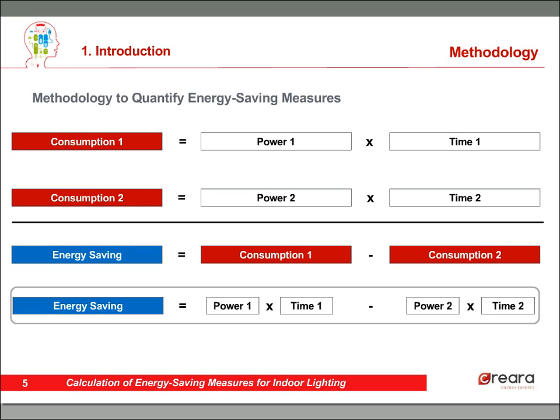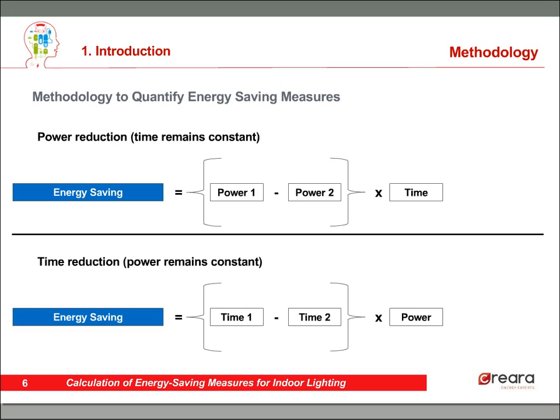Consumption 1 equals power 1 times the time of use 1, and the same for consumption 2. So the energy saving would be consumption 1 minus consumption 2, or power 1 times time 1 minus power 2 times time 2.